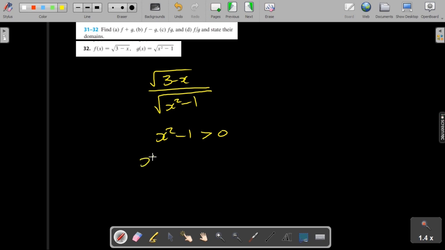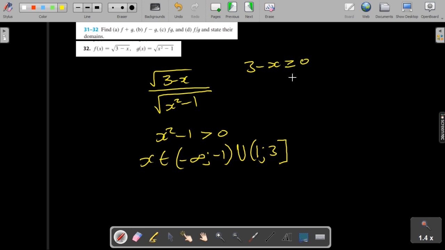So when you work your domain out, it should still have the same values, but now your domain is from minus infinity to minus 1, and the minus 1 is not included. Also, your 1 is not included, but the 3 is still included. So you'd work out the top part the same. This is how you'd work it out to find the domain.